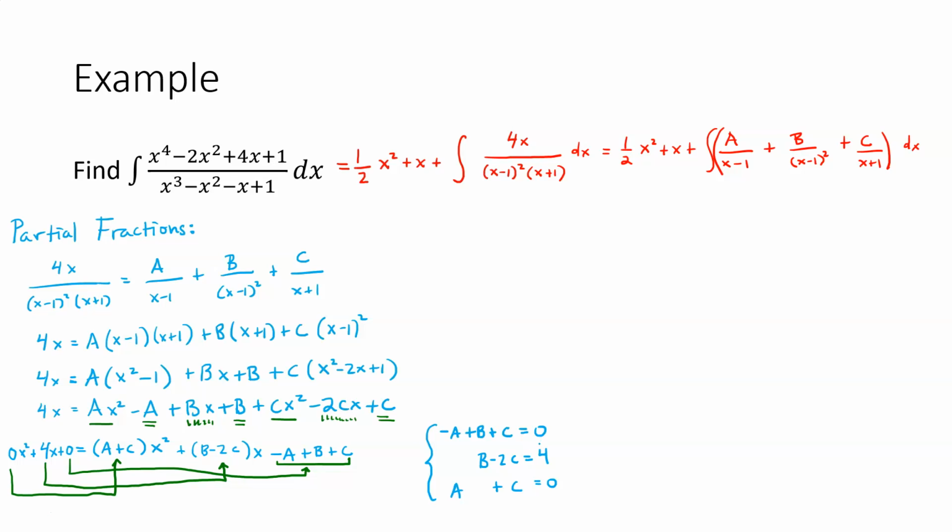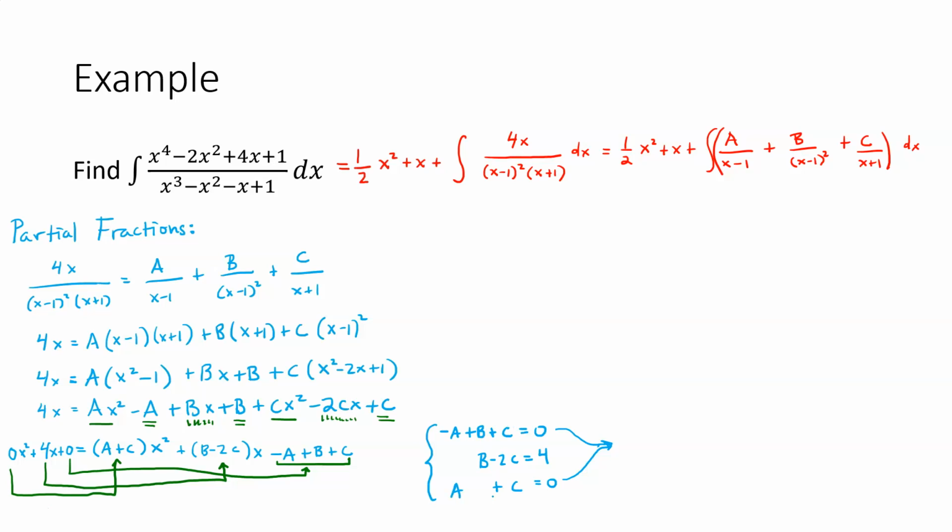One thing I can notice is I could try to eliminate some of the variables. For instance, if I combine equation 1 and equation 3, the top and the bottom equation, just by adding them, we get negative a plus a, those terms go.